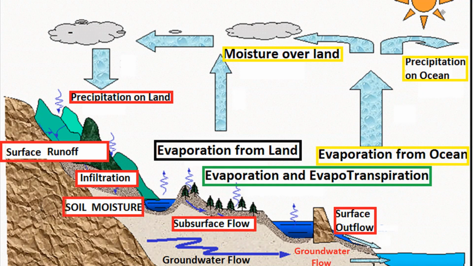At this juncture, the very first contaminant gets added to the water, that is in the form of gas. Various gases which are soluble in water are dissolved in the rainwater.